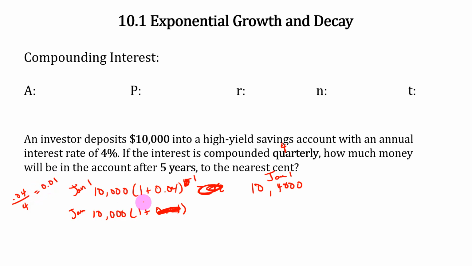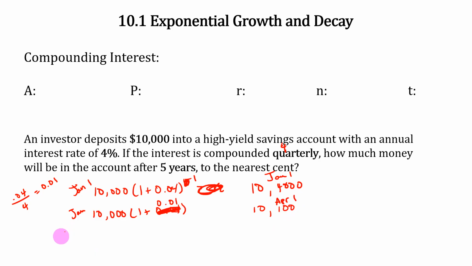And you're going to get 1%. So I'm going to get $10,100, but I'm going to get that on April 1st, after 3 months.